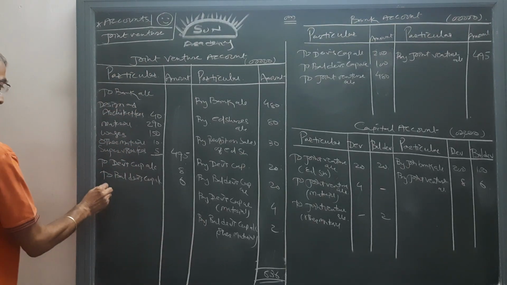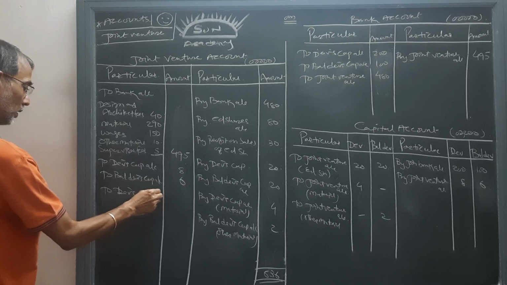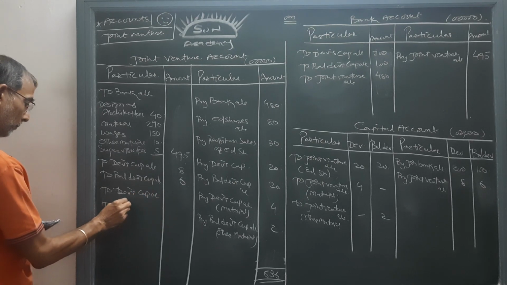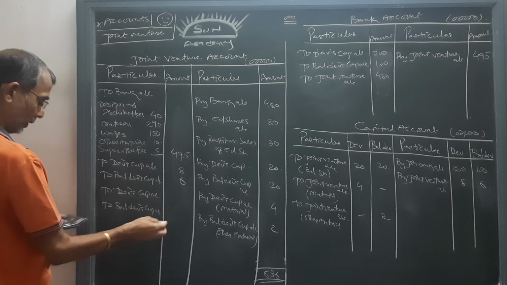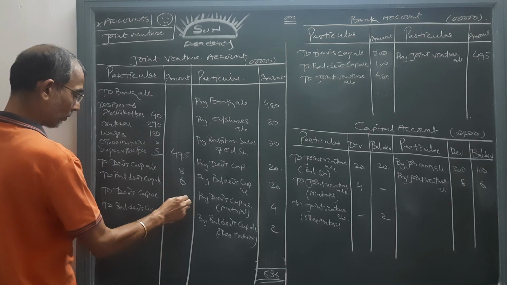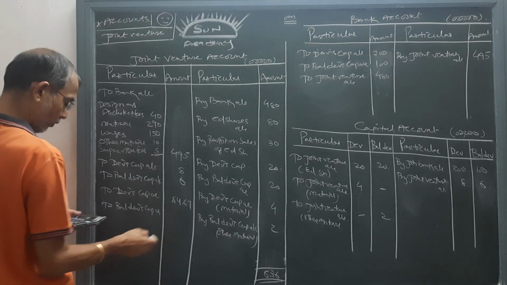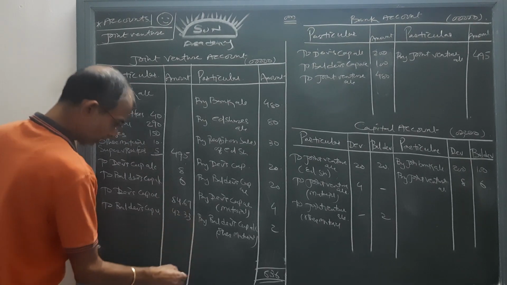so to Dev's capital account and to Baldev's capital account. Dev's capital account will be received by 84.67, while Baldev's will receive 42.33.